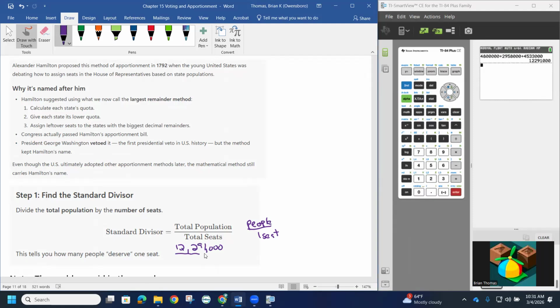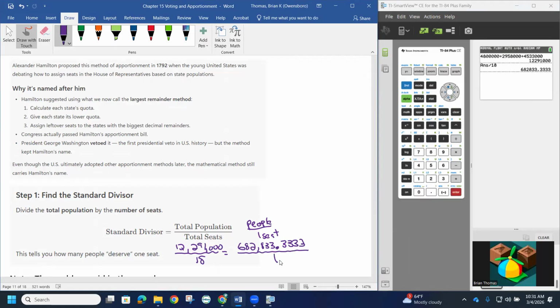And what we want to do is divide it by the number of seats, which is 18. And this generates our standard divisor. So if I divide that by 18, this gives us 682,833.333. So again, we don't round this, we leave it as a decimal.